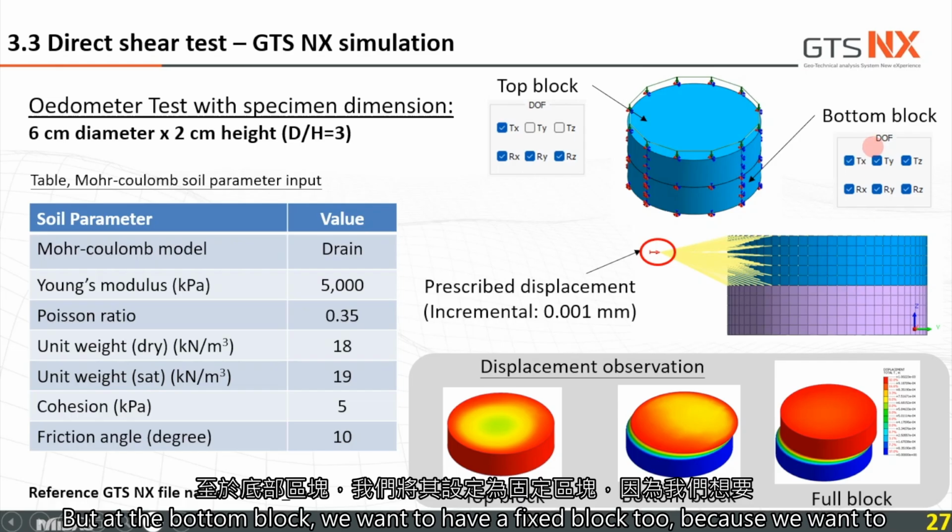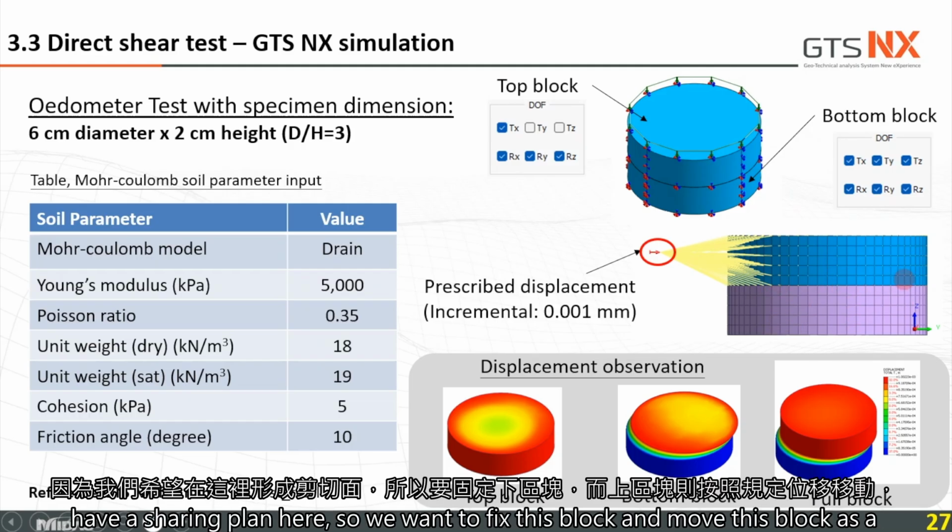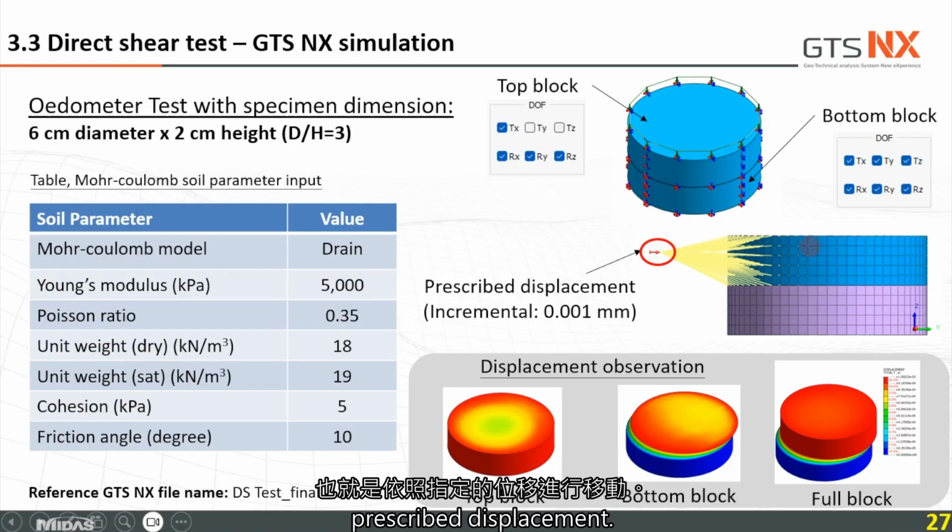But at the bottom block, we want a fixed block because we want to have a shearing plane here. So we want to fix this block and move the other block with a prescribed displacement.